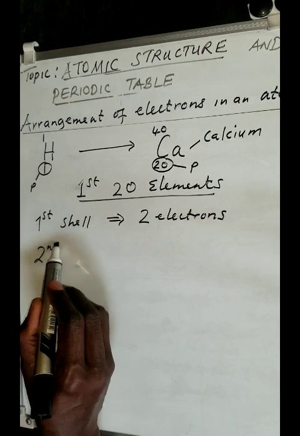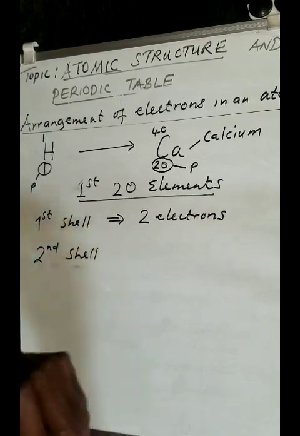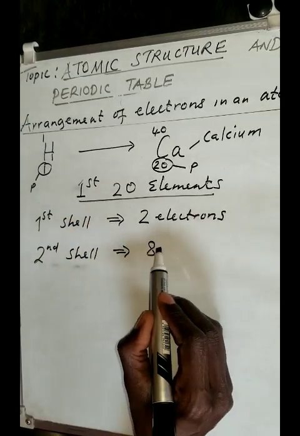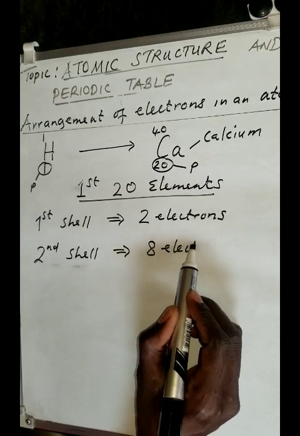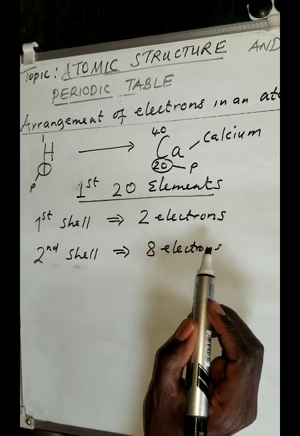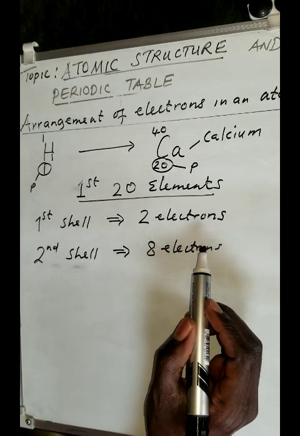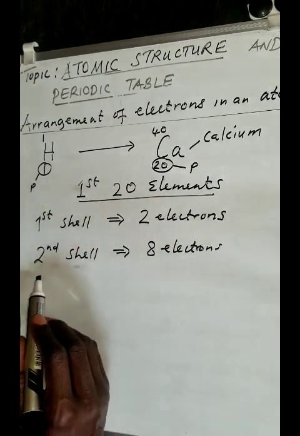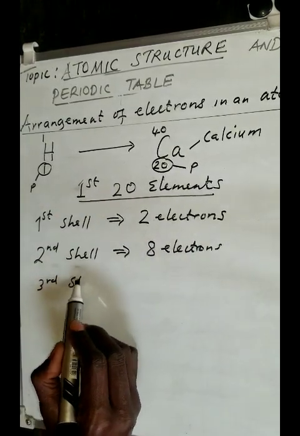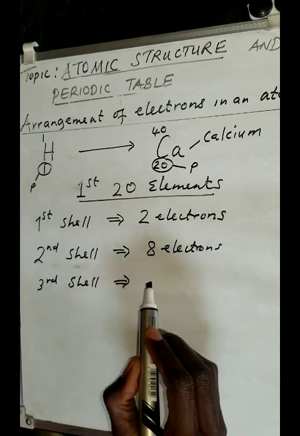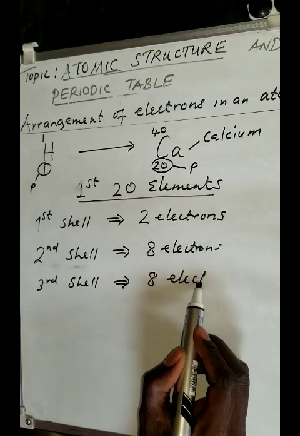In the second shell, or second energy level, you can put a maximum of up to 8 electrons. Then in the third shell, you can also put up to 8 electrons.